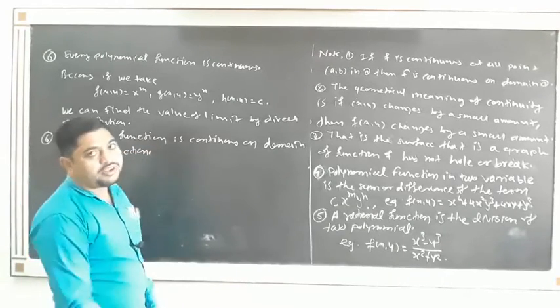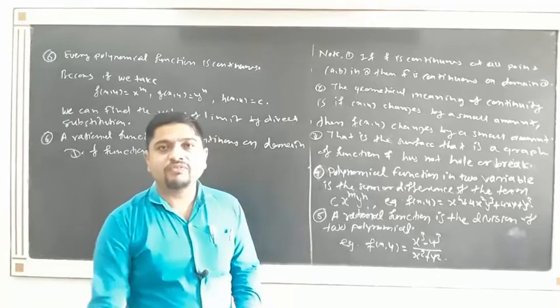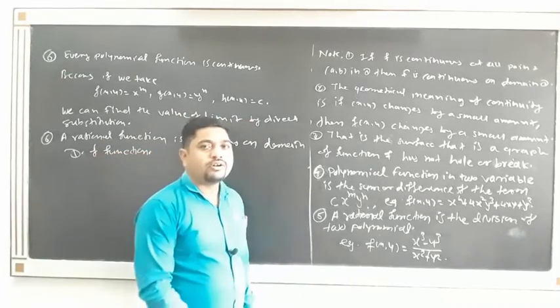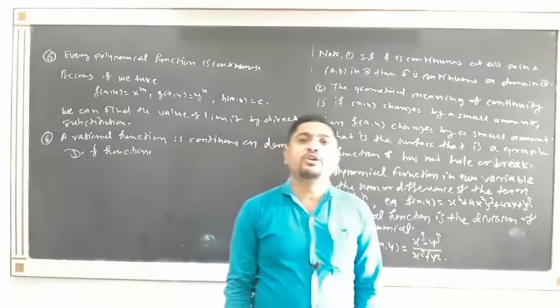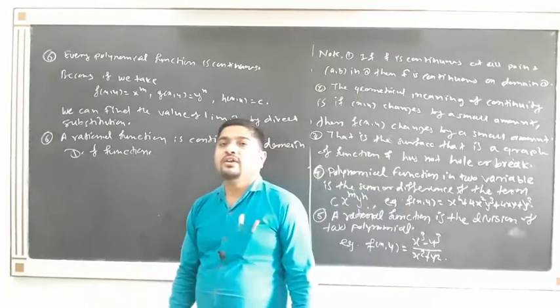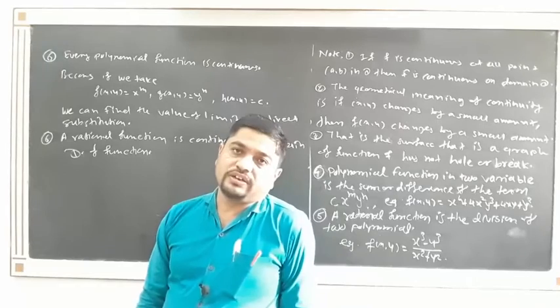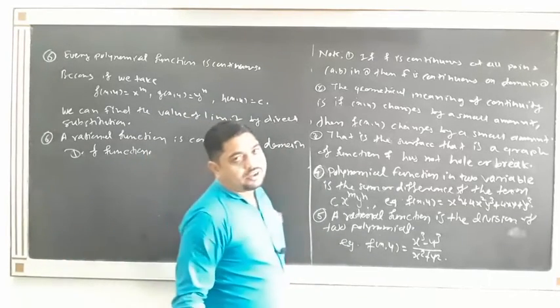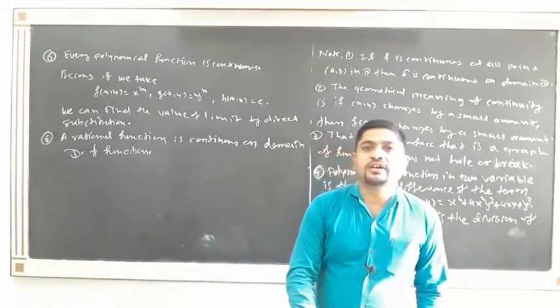So a polynomial function is always continuous and a rational function is continuous in its domain. And what is the domain? The domain is the set of all points where the function is defined. This is just some theory of continuity, so we will go to the problems.